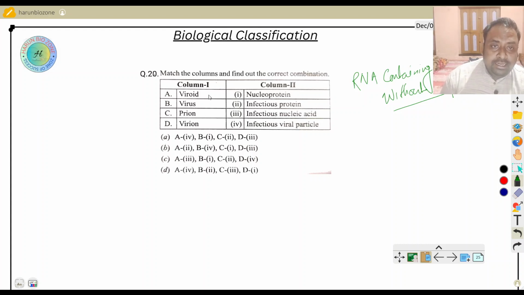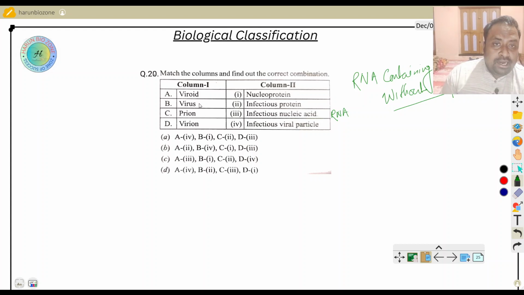So viroid is an infectious nucleic acid, meaning only RNA, not DNA.